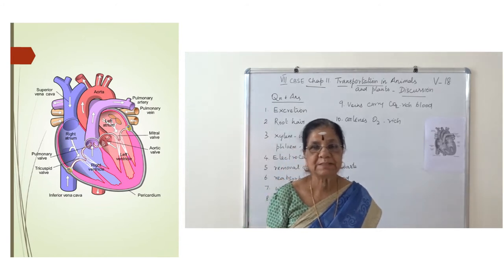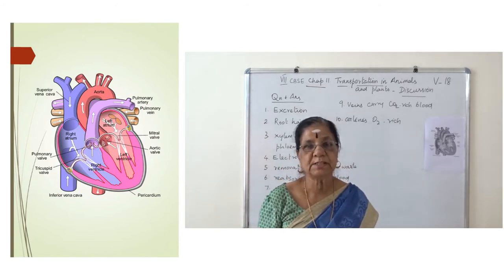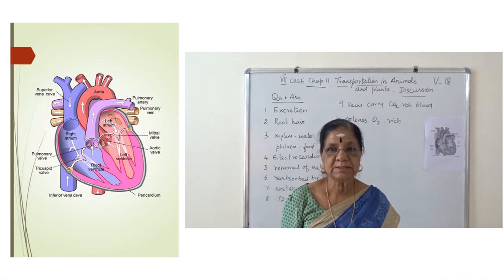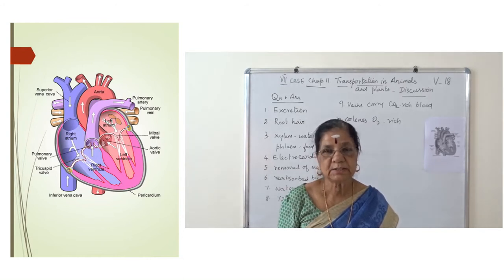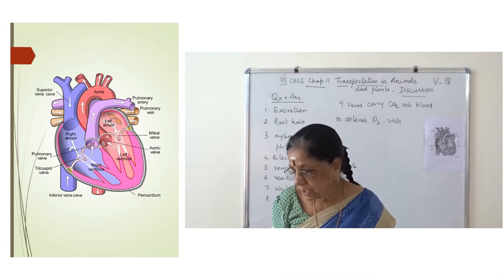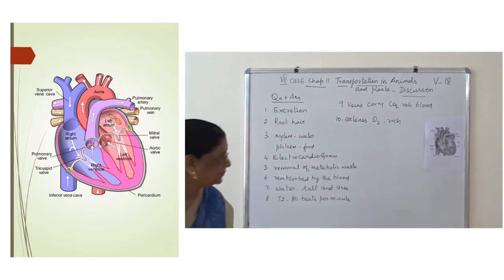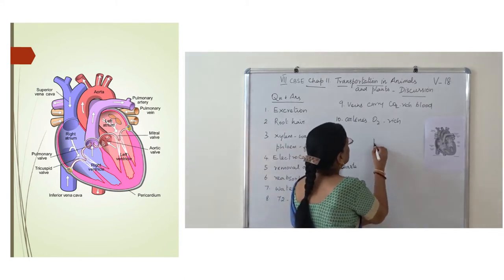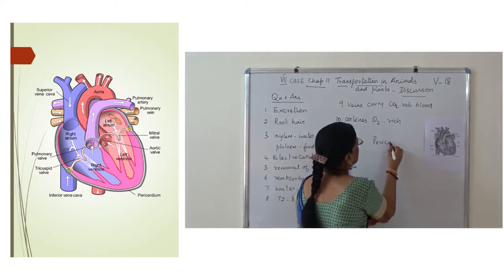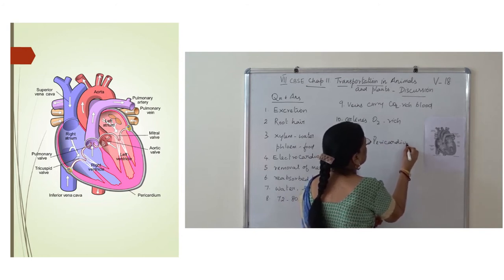It is a muscular tissue, involuntary in nature, without control. It is not under the control of our willpower. And this cardiac muscle structure is covered by an outer layer called the pericardium.